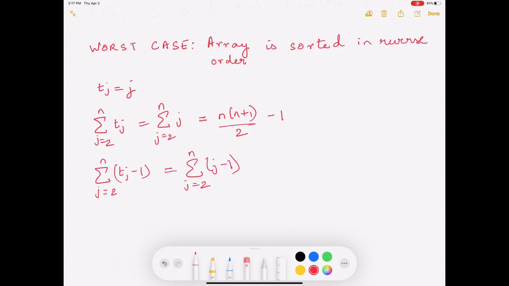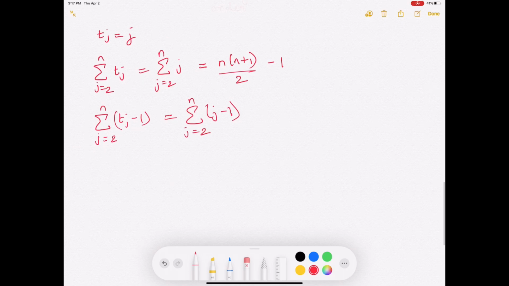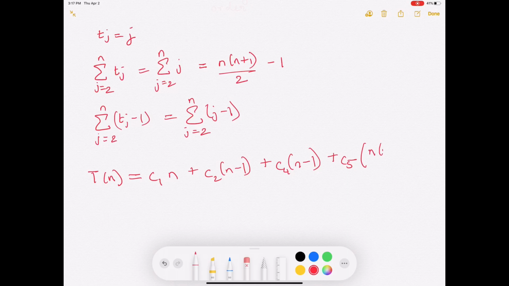And I don't want to go over all the details here because it's just a little boring and tedious. So we will have something like that: C1n plus C2(n minus 1) and C4(n minus 1). And we'll have C5 times (n times (n plus 1) by 2 minus 1). So what we are seeing here is there is going to be an n square term here.